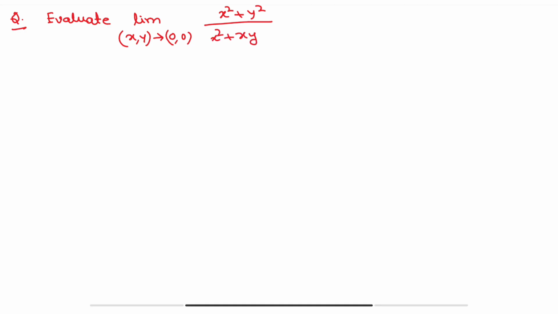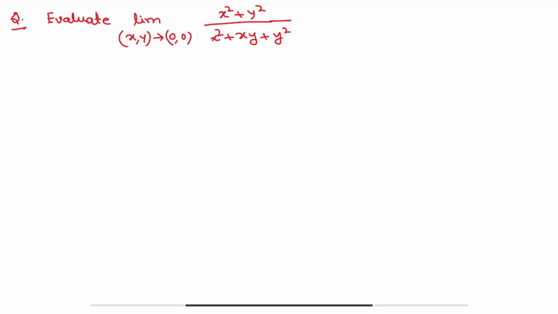Suppose the question is evaluate the limit as x comma y tends to 0 comma 0 of x square plus y square divided by x square plus xy plus y square.